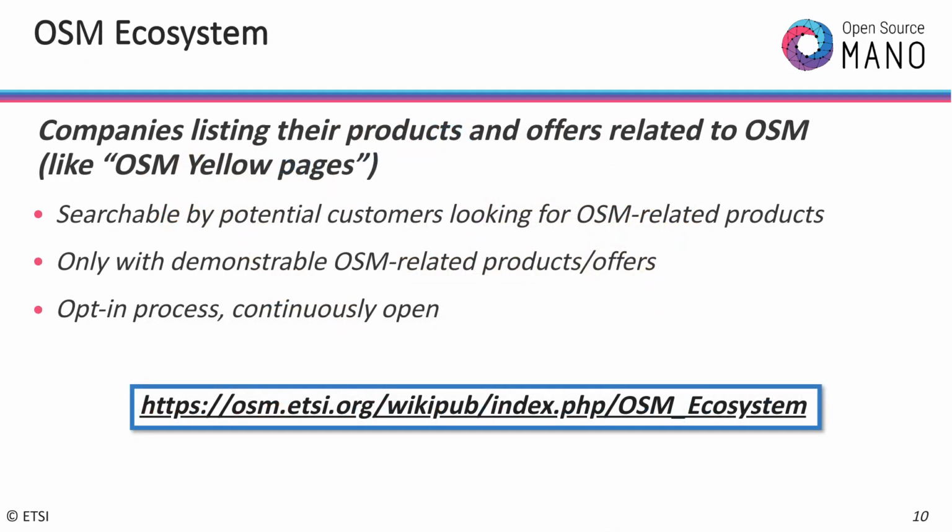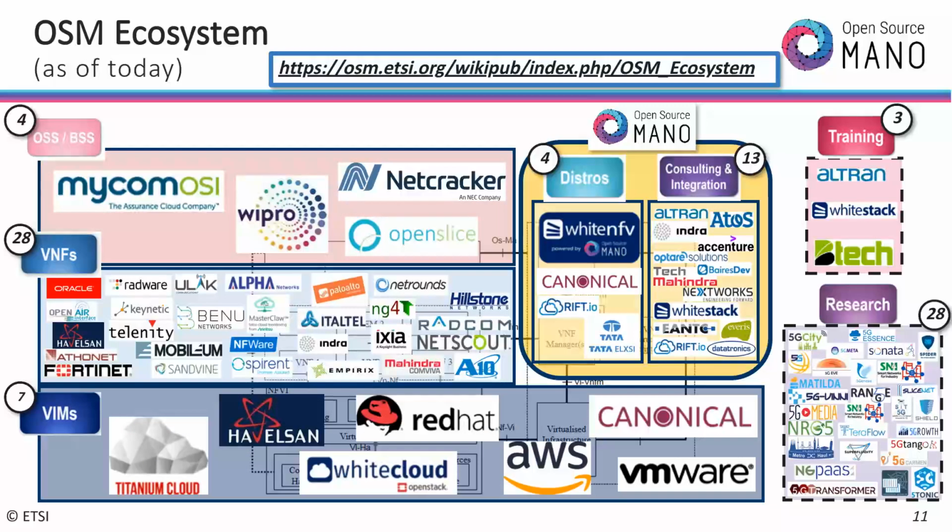The same goes for the OSM ecosystem. Here we are listing commercial offers that are related to OSM. This is an opt-in list, so it's not an exhaustive list of everything that is out there, but we think it is representative of how we are positioning the different pieces in the OSM community.